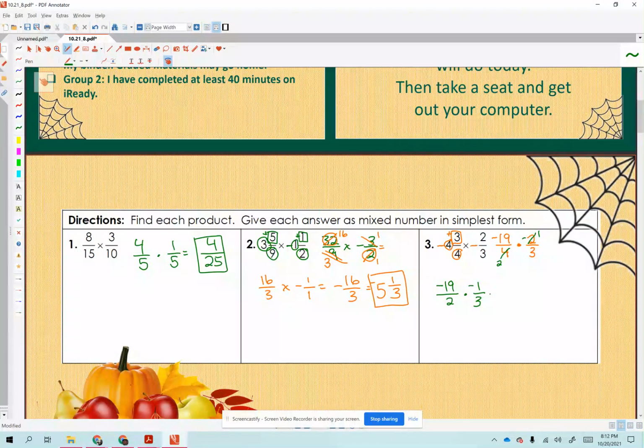So negative 19 times negative 1 is a positive 19, and 2 times 3 is 6. When we divide 19 by 6, 6 times 3 is 18 with 1 left over. So that will be 3 and 1/6 as a final answer.